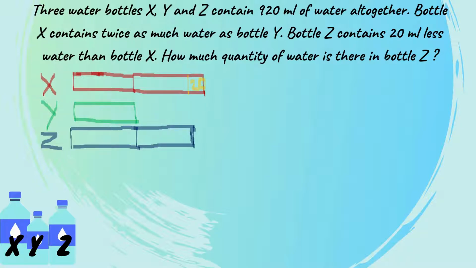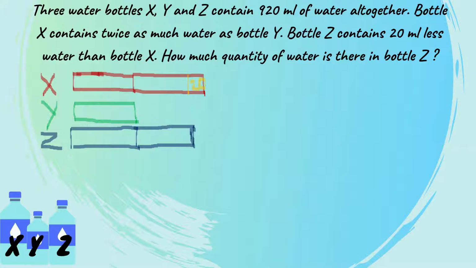In order to solve this problem, we need to make sure that all the units are equal. As you can see, I have imagined a 20 ml extra being there. So to make the units equal, let's separate this 20 ml in each of the units.